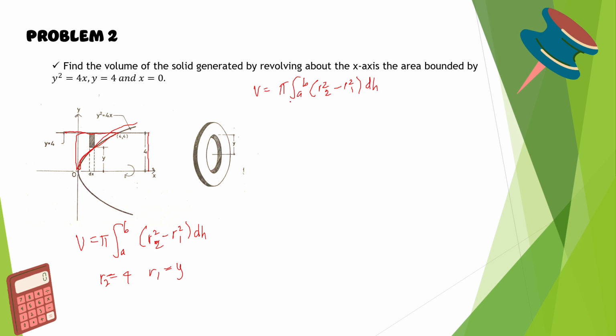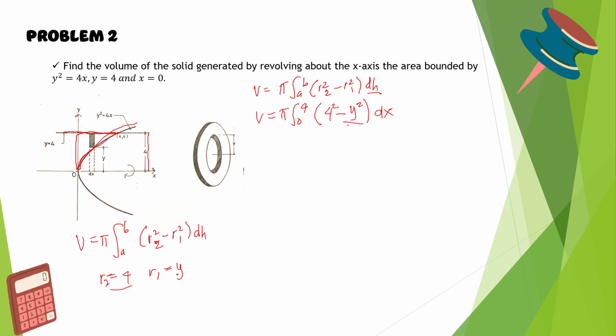So what is our limit? Since that is in terms of x, the limit is from 0 to 4. So V is equal to pi from 0 to 4, our r2 is 4 minus r1 is equal to y, this is squared, and this is squared, dh is equal to dx.